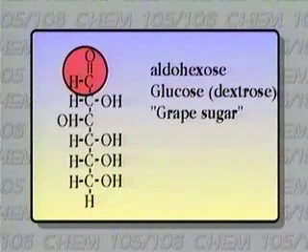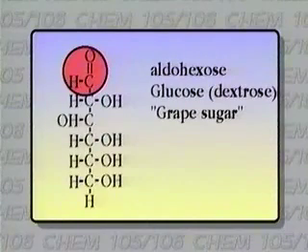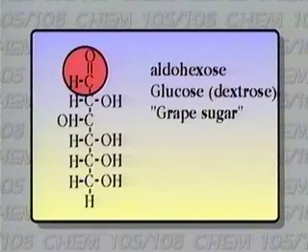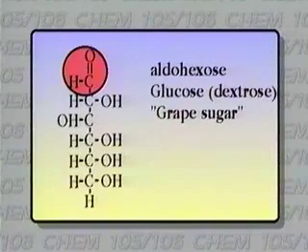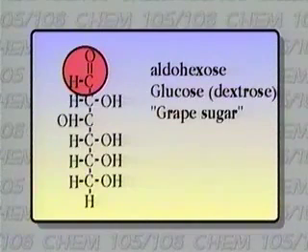The common name for this aldohexose is glucose, or sometimes it's also called dextrose. Dextrose is just the very generic common name, but glucose is the more common name. Sometimes this is also called grape sugar. This is the sugar that we find in grapes. This is the sugar that is going to be fermented to ethyl alcohol when we produce wine.